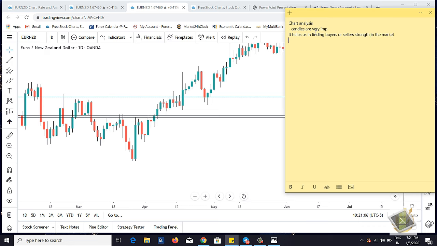Once you start finding the candles that you need to know, then you start analyzing that this is the right time that price will go up or down. So candles are very important. You should learn it.